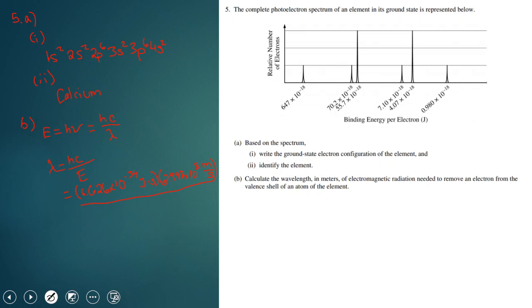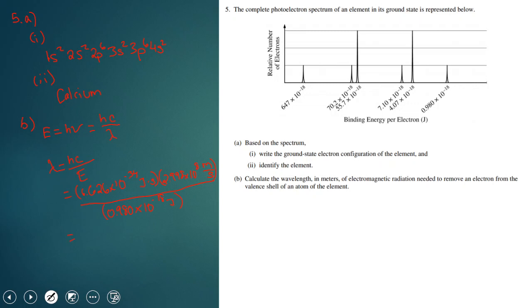The energy on the PES is the binding energy. We need to break exactly that binding energy in order to extract a single electron from that subshell. So it's going to be 0.98 times 10 to the negative 18 joules. Do not get confused and make it your first peak, the 647. That would be incorrect. The valence is going to be the outermost on a PES, or a photoelectron spectrum.